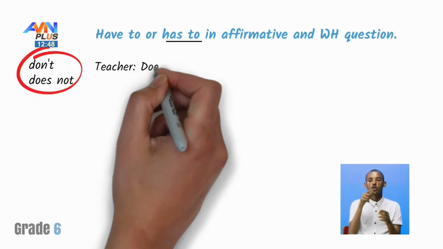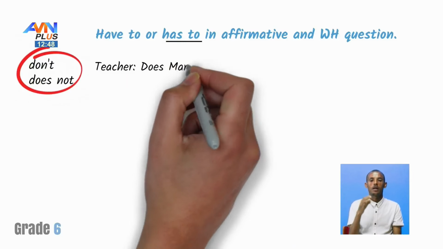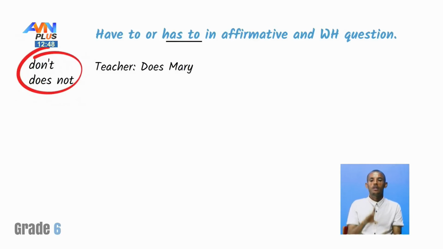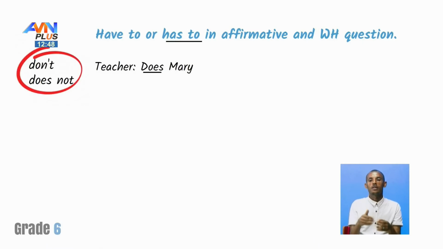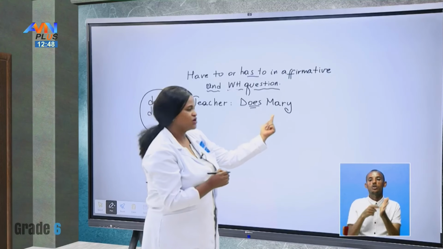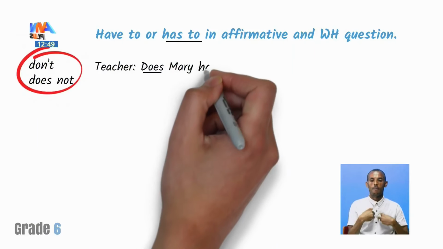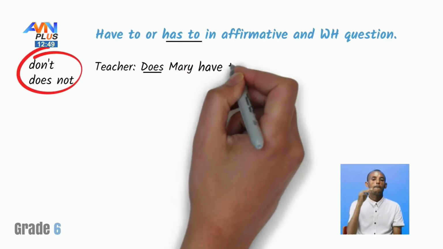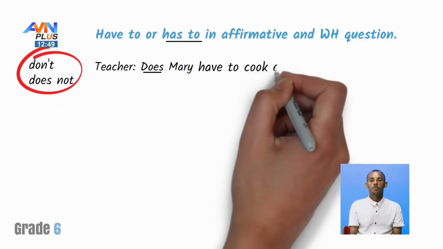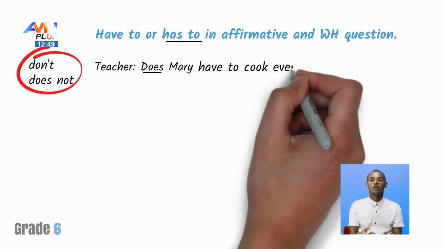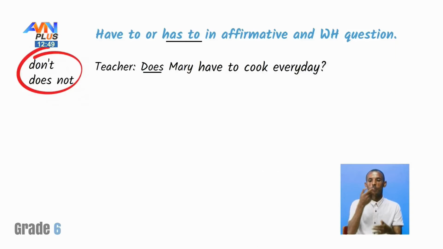Does Mary, what comes next? Yeah, since I already have said does to show that our subject is singular, I say what? Have. Does Mary have to cook every day?